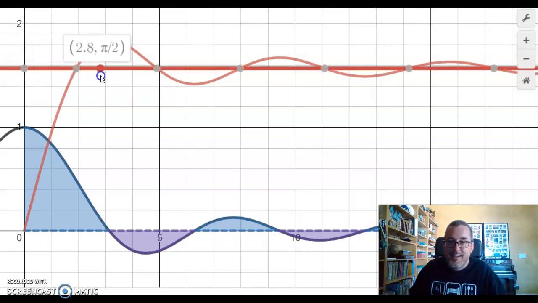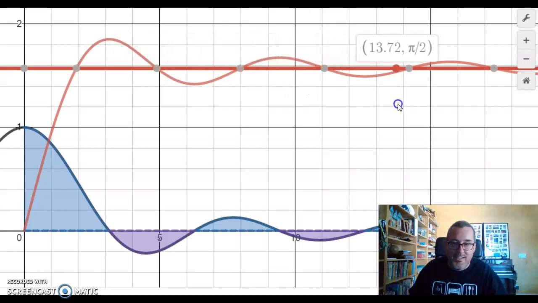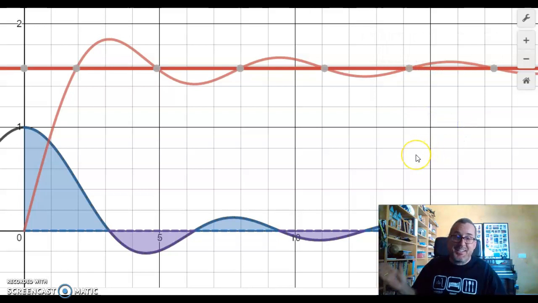This thing is getting closer and closer and closer, as we add and subtract accumulated areas, to pi over 2. As x gets bigger and bigger, our function g of x gets closer and closer to pi over 2. Now, I'm going to have to pause this video here because I'm making it too long.